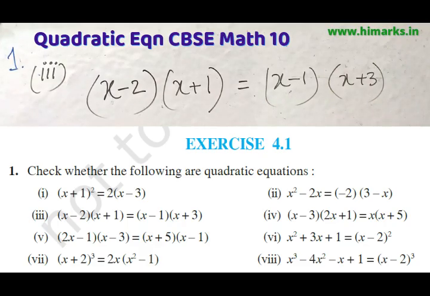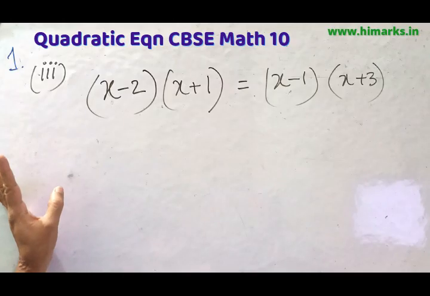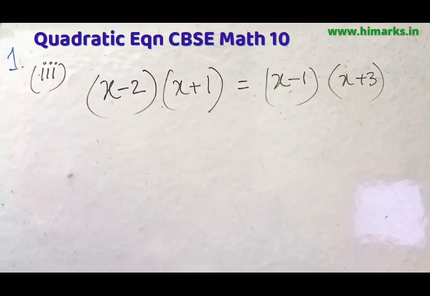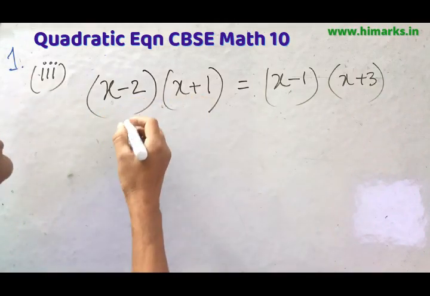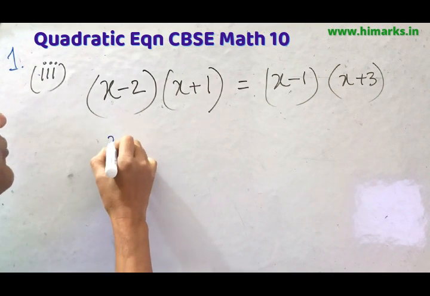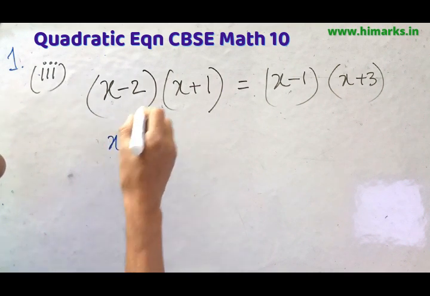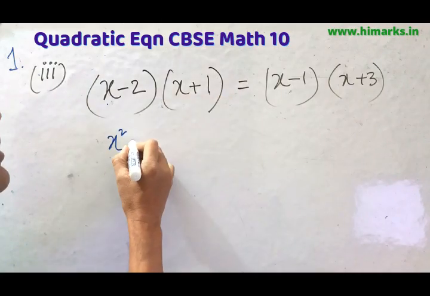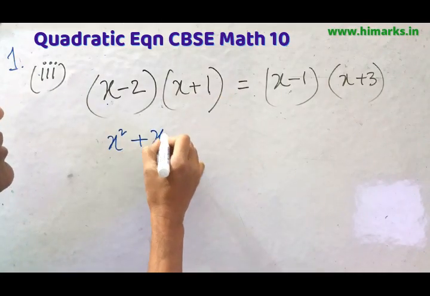So here we need to prove whether this equation is a quadratic or not. We need to simplify first. What simplification is required: x into x is x square. Then this x and this plus 1 will multiply, so x into 1 is x.